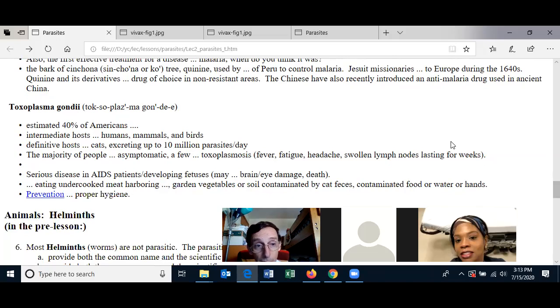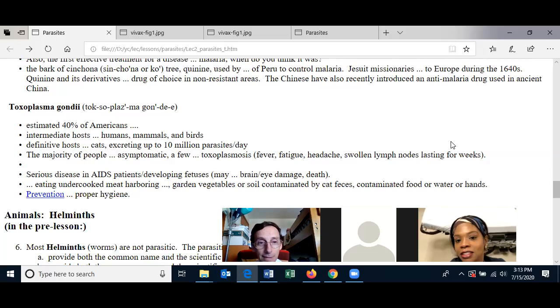The intermediate hosts, meaning species that can grow the intermediate parasite, are humans, mammals, and birds. So many other mammals, especially rodents. The definitive host is the domesticated kitty cats, and they can excrete up to 10 million parasites per day.